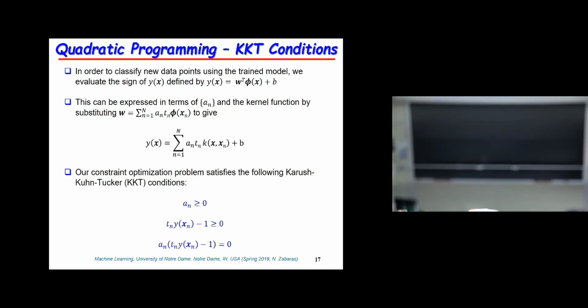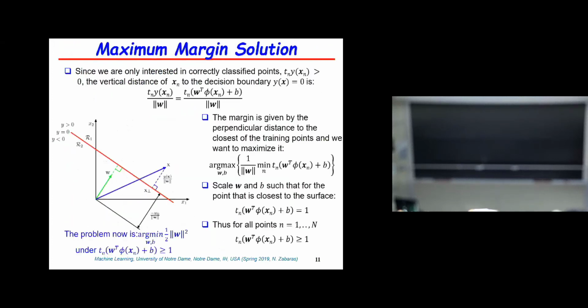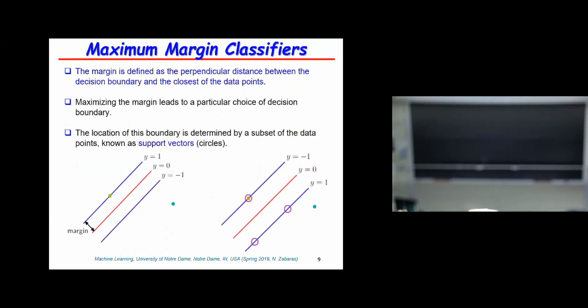The points on the margin. You remember, if I go back, these are the points that satisfy that alpha_n is not equal to 0. Which means when you try to do predictions, the only points that you need are the support vectors, that are on the margin, nothing else.